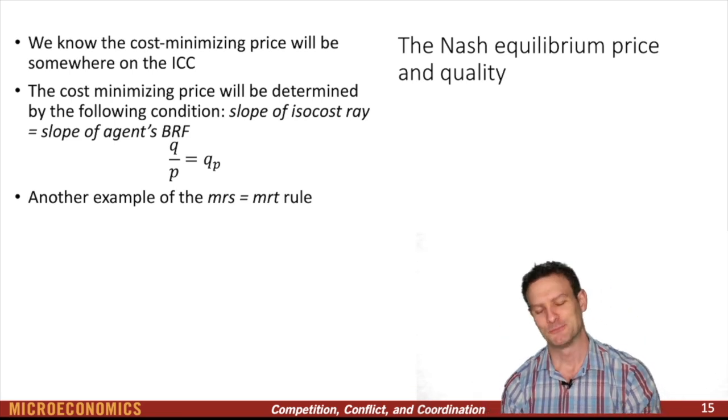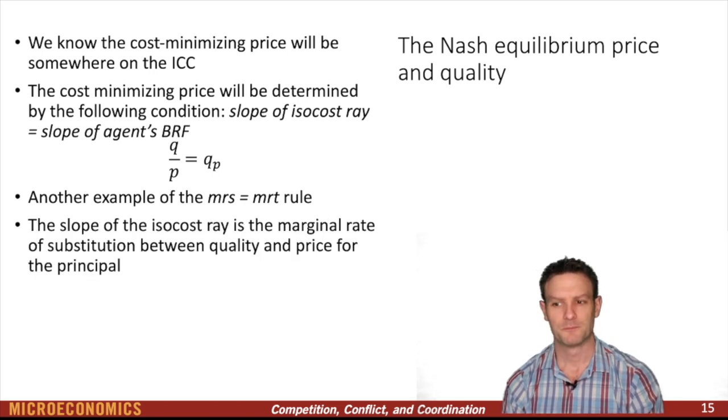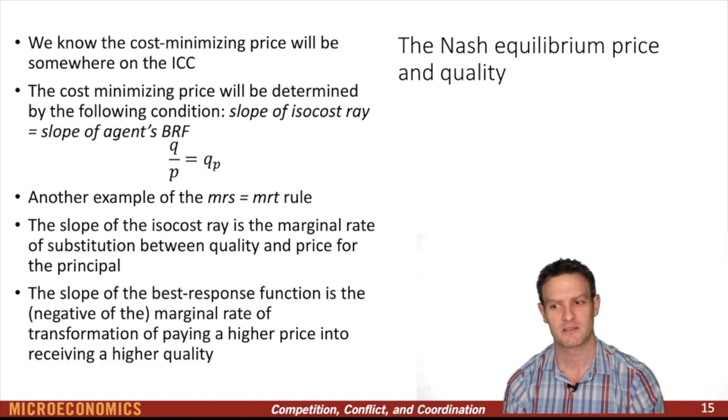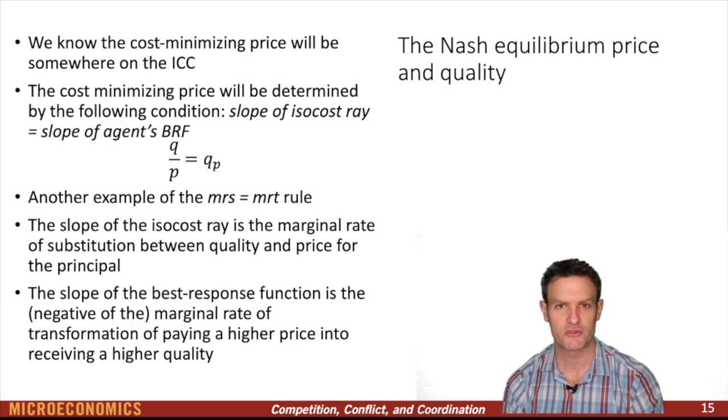Okay, so it's that same MRS equals MRT rule, which is also what we get when the slopes are equal. So the slope of the isocost ray, the negative of that is going to be the marginal rate of substitution between quality and price. The slope of the best response function is going to be the negative of the marginal rate of transformation of paying a higher price into receiving a higher quality. So that's just a reminder of what we have there and this process that the principal has gone through in order to find the Nash equilibrium.